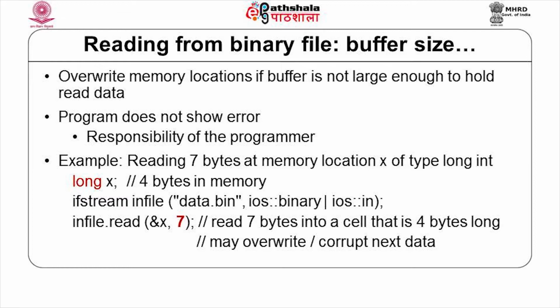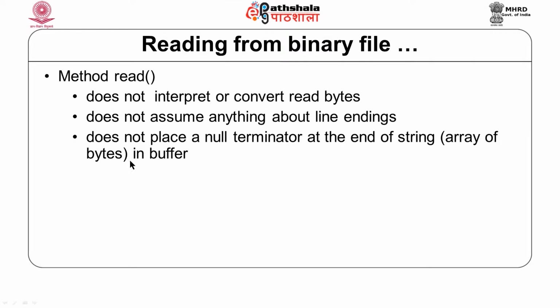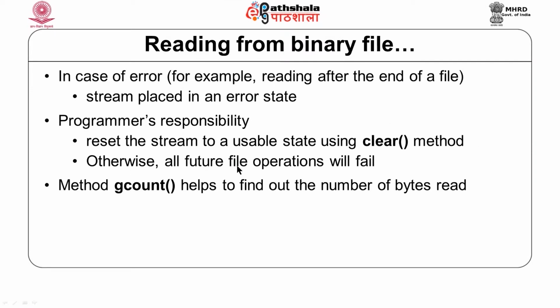Reading from a binary file again does not interpret or convert the data, because it does the operations on raw data. It does not assume anything about end of lines. So, it will not stop if \n appears, and neither does it put a null. In case of error, as with write, it is the responsibility of the programmer to check.